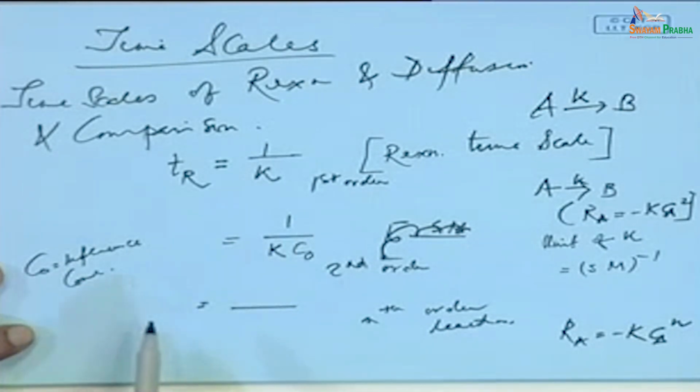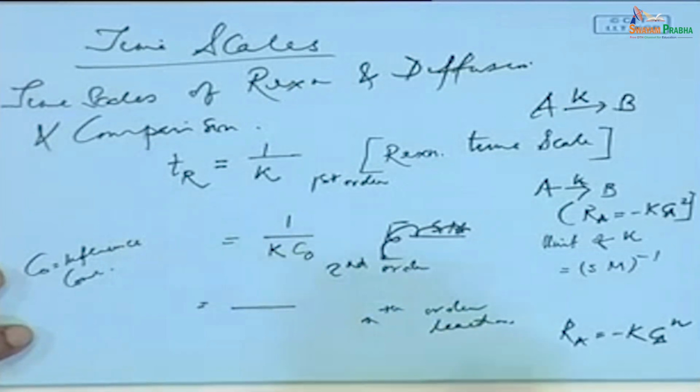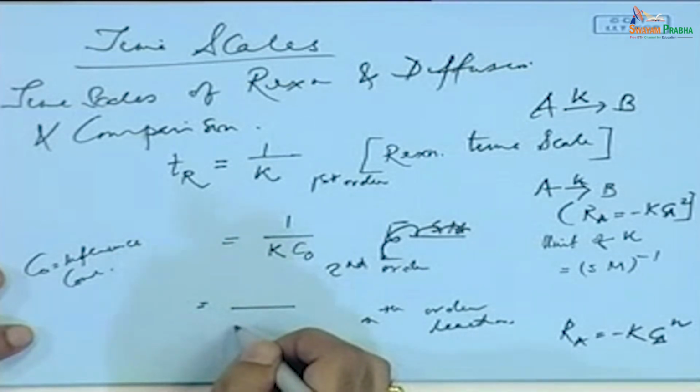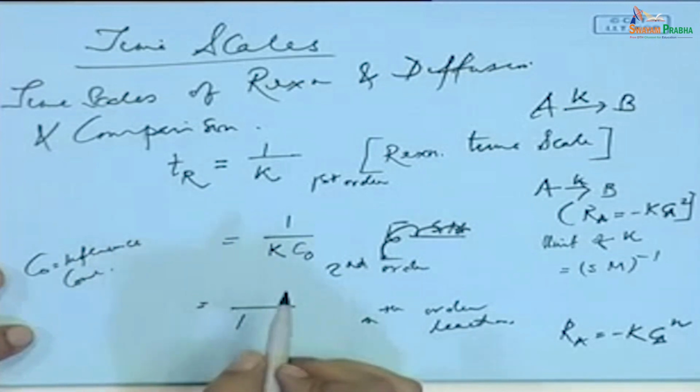How do you generalize this? 1 by? So, let us say any reaction. I do not even know whether it is a simple elementary nth order, or a complicated form. If I have any reaction, what would be my time scale for reaction? Time inverse, concentration to the power 1 minus n.